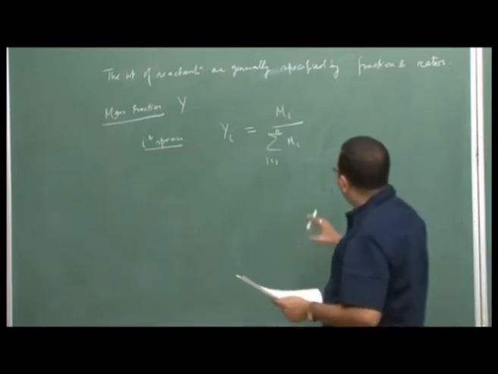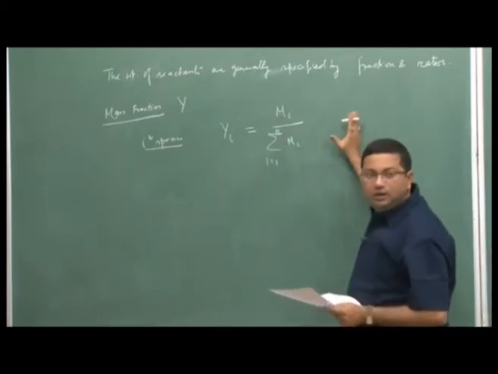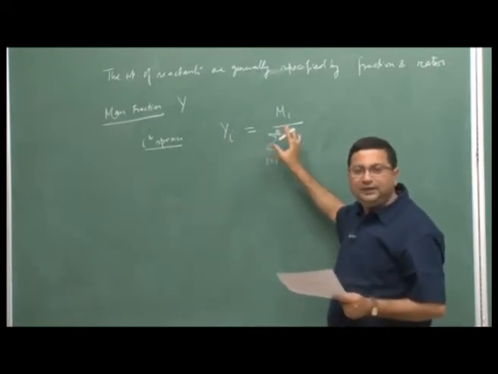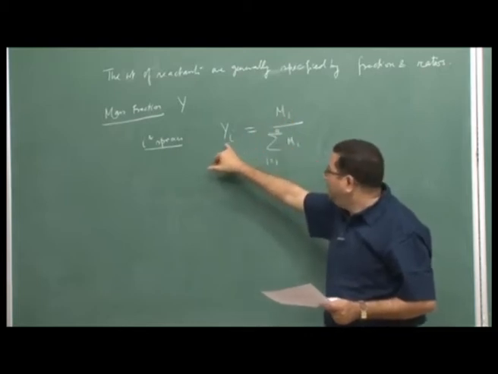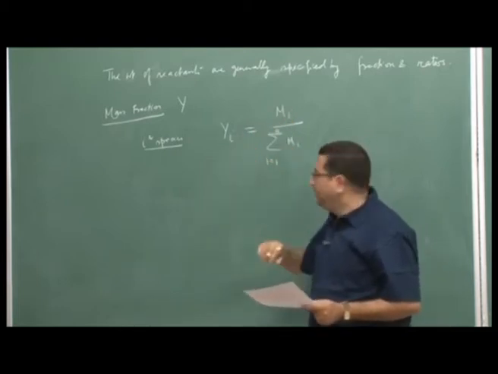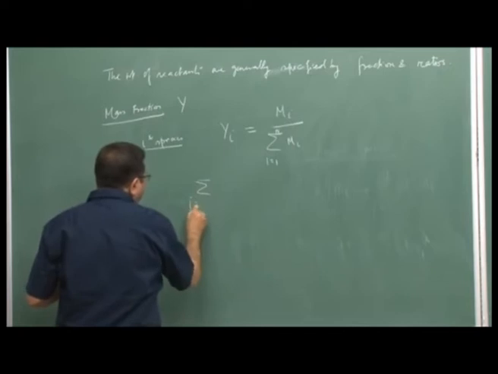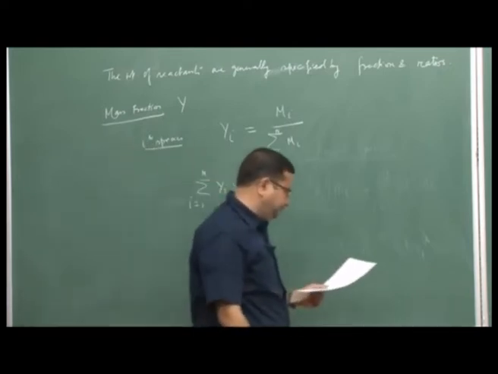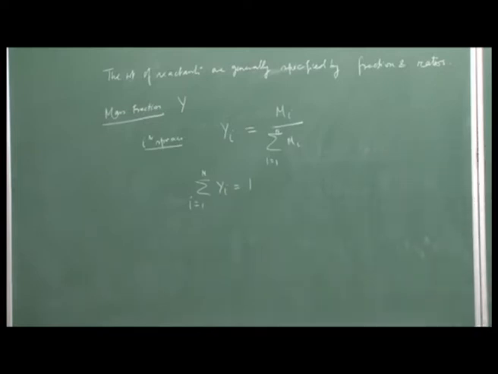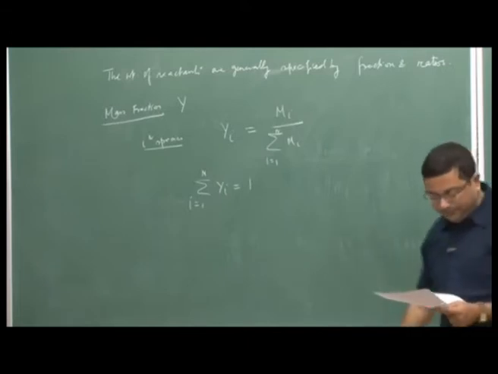We can notice one thing, that if I add the mass fraction of all the species, then this numerator also becomes sigma i equal to 1 to n mi, then yi is equal to 1. So, therefore, the summation of mass fraction of all the species is equal to 1, where n is the number of different species in a given system. There are n species present in the system.